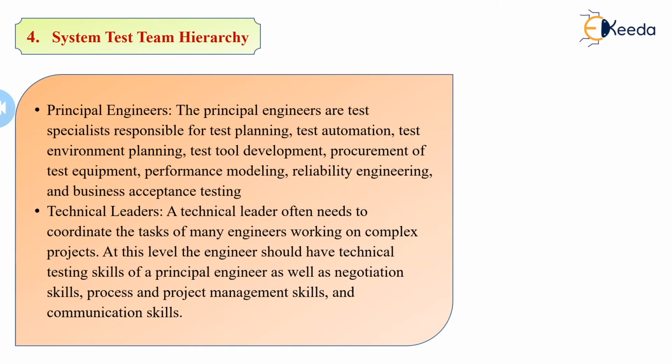And after that, I have the technical leaders. What are the technical leaders? They coordinate the tasks of many engineers working on complex projects. So at this level, the engineer should have the technical skill of a principal as well as negotiation skill, like an MBA, process and project management skills, and communication skills, in case they need to talk to people outside who do not know technical words or do not talk in a technical language.